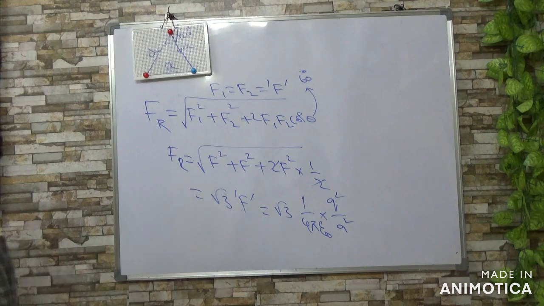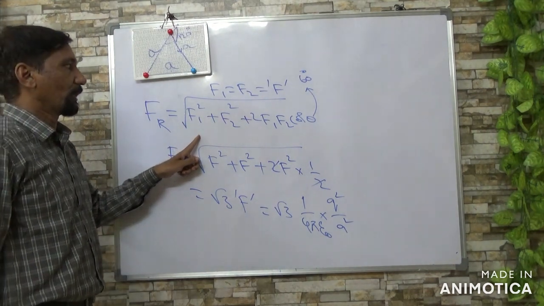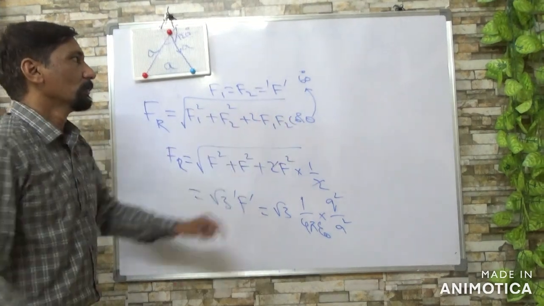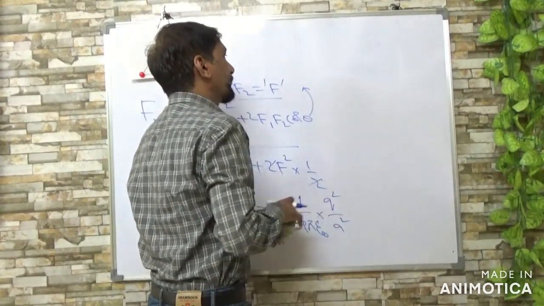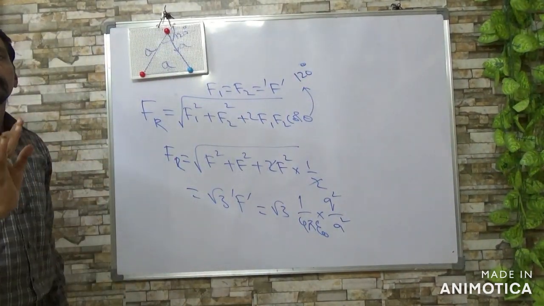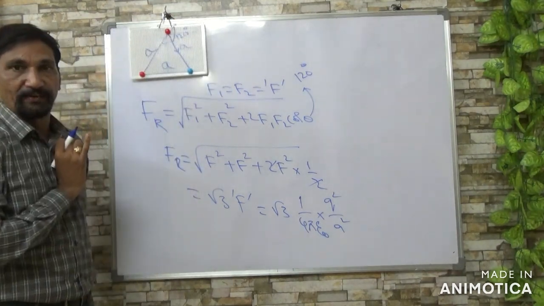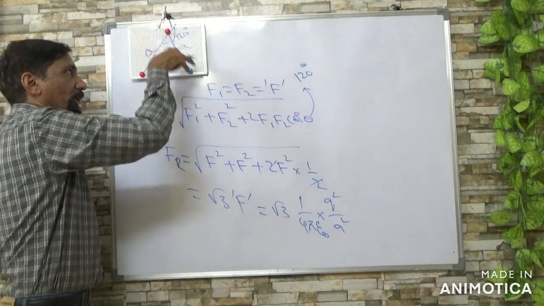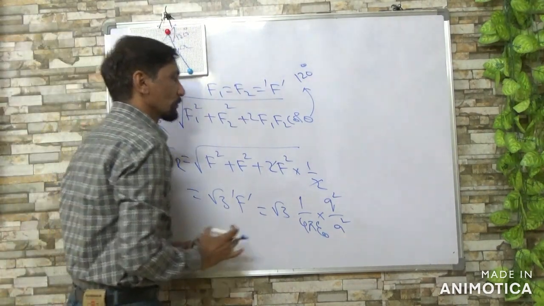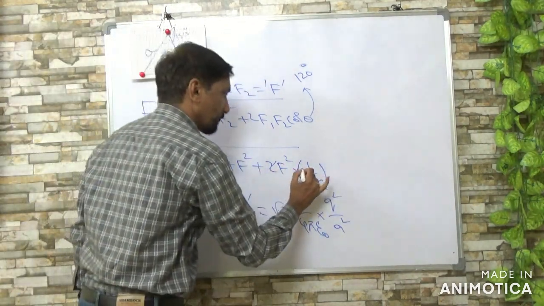Now, the formula according to the parallelogram law: F1 square plus F2 square plus 2 F1 F2 cos theta. Now theta you have to take as 120 degrees instead of 60. Why? Because in between these two there is attraction, so the direction of force is taken inwards. This one is outwards. So cos 120 degrees value is minus 1 by 2.